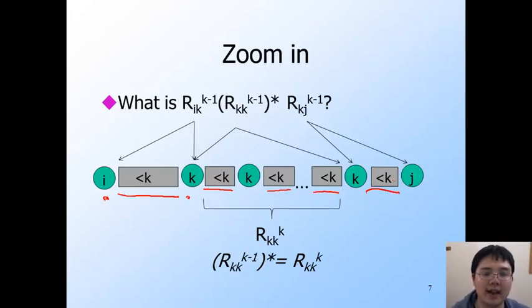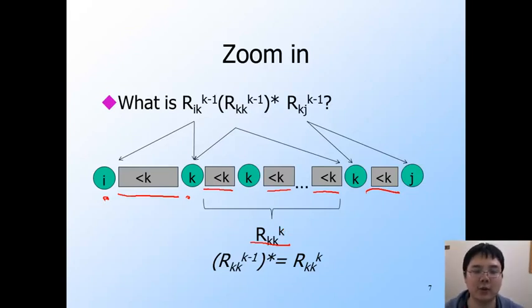Here, we point out that the labels of the path from the first encounter of k to the last can also be represented by Rkkk. Because it is just a path from k to k, going through nodes with labels not greater than k. And in edge cases, both Rkk, k minus 1 star, and Rkkk contain epsilon, the empty string.